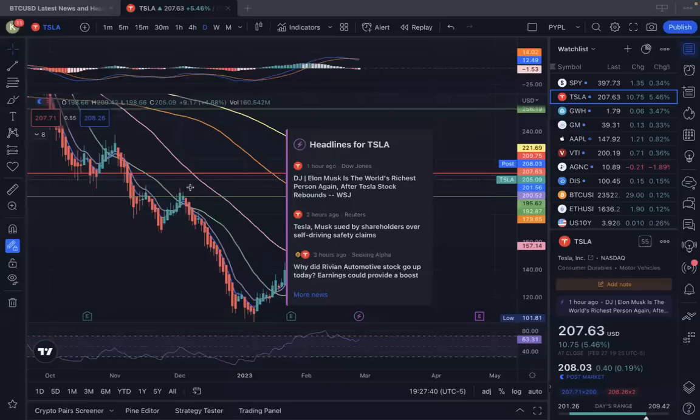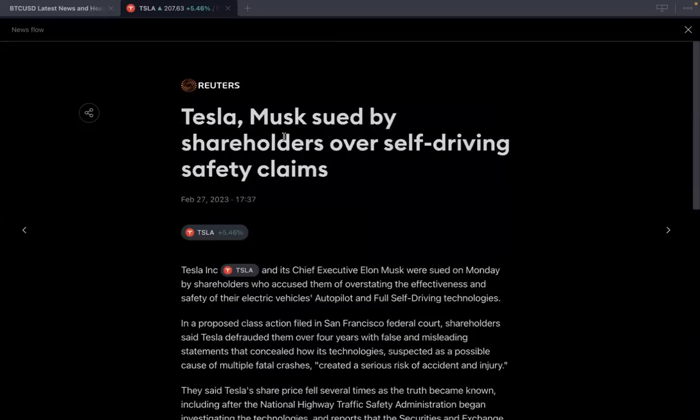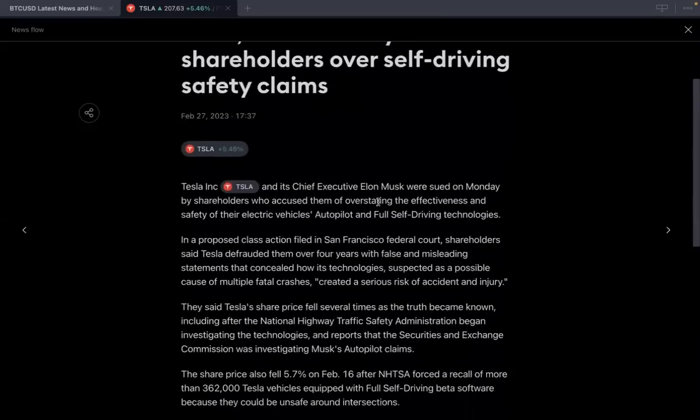But yeah, what else do they have here? 2 hours ago, Tesla, Musk sued by shareholders over self-driving safety claims. Wow. Tesla Inc. and its chief executive Elon Musk were sued on Monday by shareholders who accused them of overstating the effectiveness and safety of their electric vehicle autopilot and full self-driving technologies.